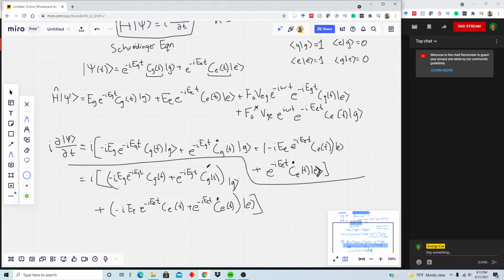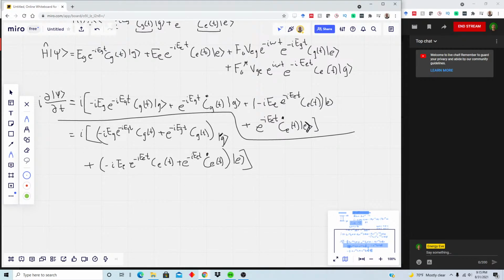So one thing that's interesting to note is the G's are gonna have to match, and the E's are gonna have to match. So we have our G terms and our E terms, right? And so if we look at our Hamiltonian up here, we see that some terms are gonna have to match. And so let's group up our G terms right here as well.